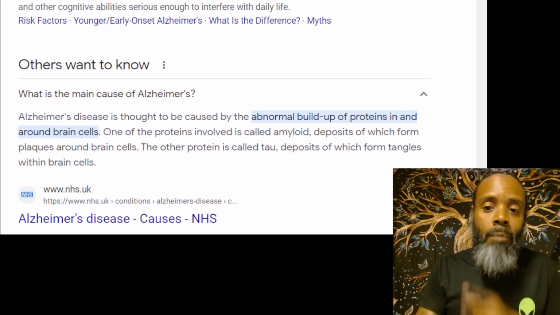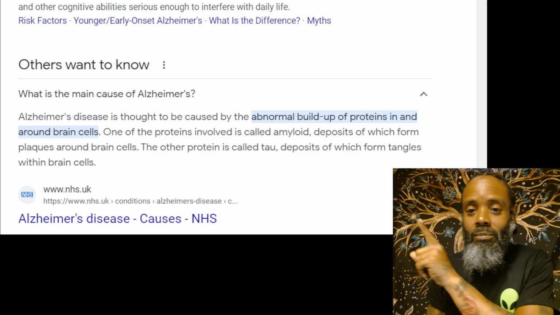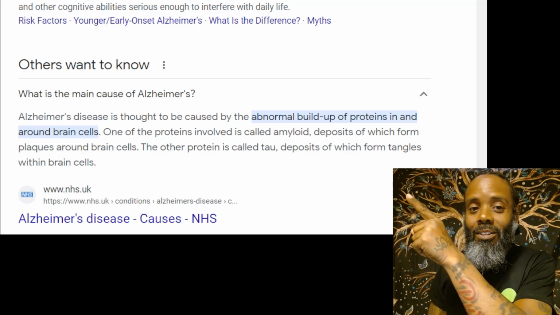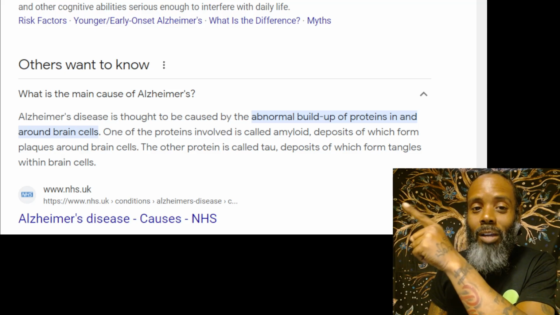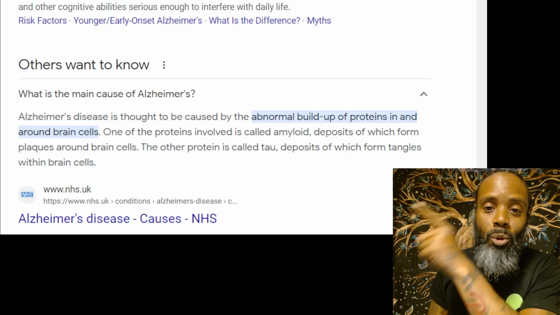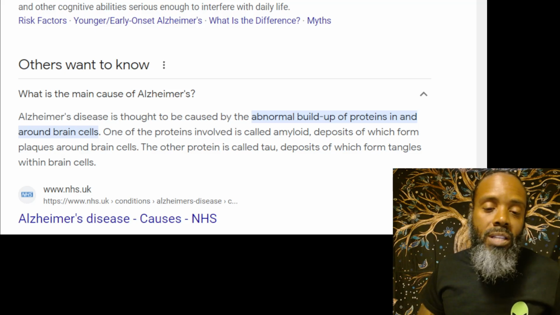Alzheimer's disease. Now I'm right here. What is the main cause of Alzheimer's disease? Alzheimer's disease is thought to be caused by the abnormal buildup of proteins in and around brain cells.